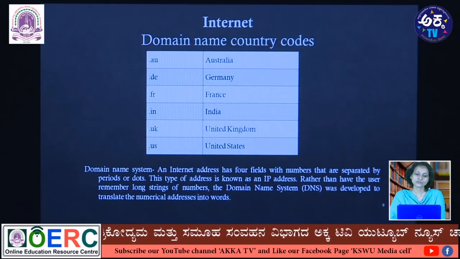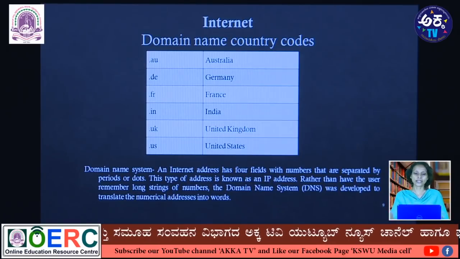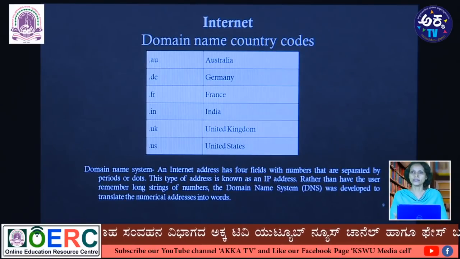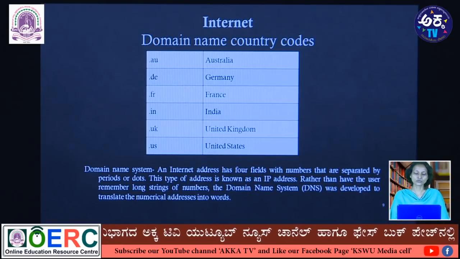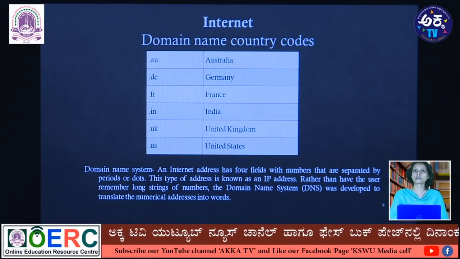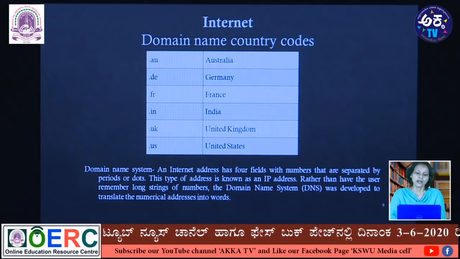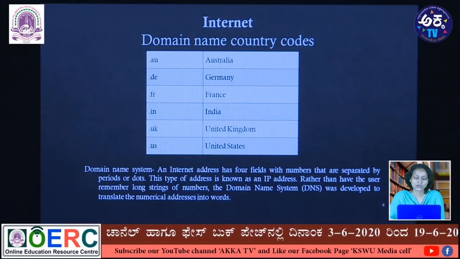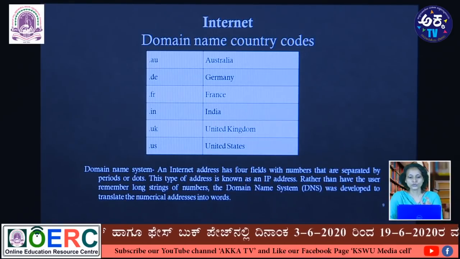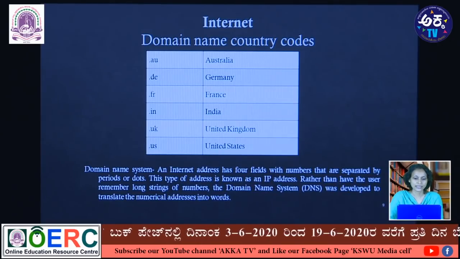And many of the times we come across a few websites that end with .au, .de or .in. So we will see these are the domain names which represent the country names. Like in our website ksw.ac.in, KSWU is the name of the website, or you can say the file name.